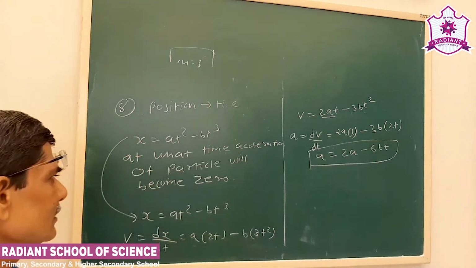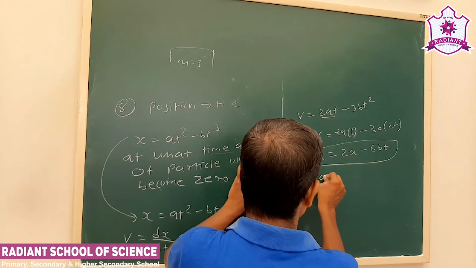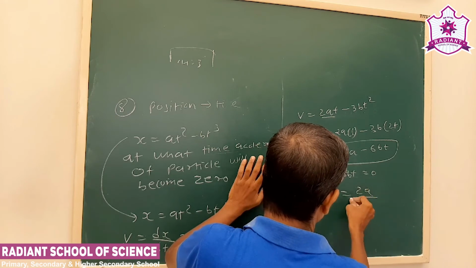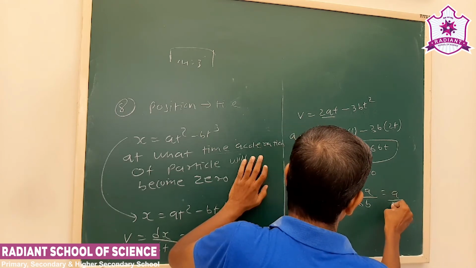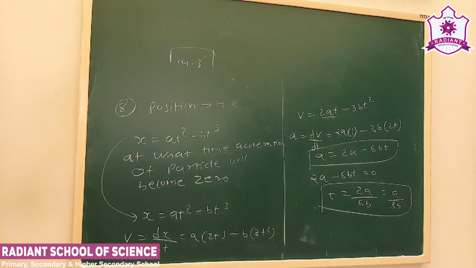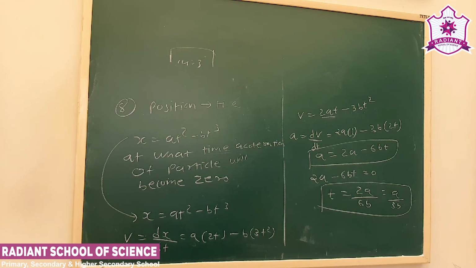Now what does the question say? At what time will the acceleration be 0? So we equate this relation to 0, and this is the time at which the acceleration of the particle is 0.